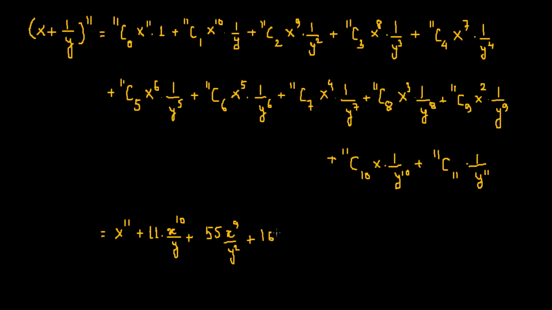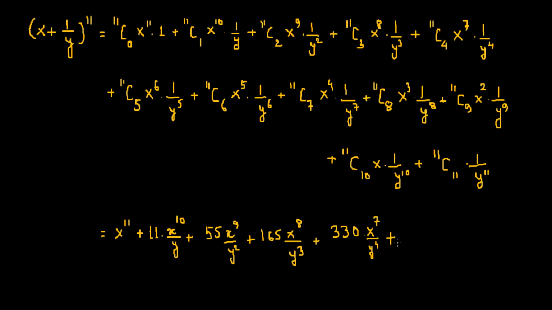So 165 x raised to the power of 8 over y cube. Then 11c4 is 330 x raised to the power of 7 over y raised to the power of 4 plus 11c5.